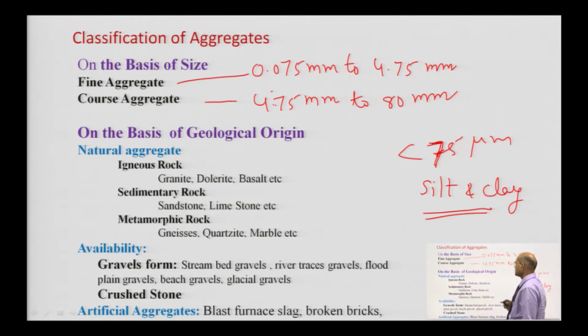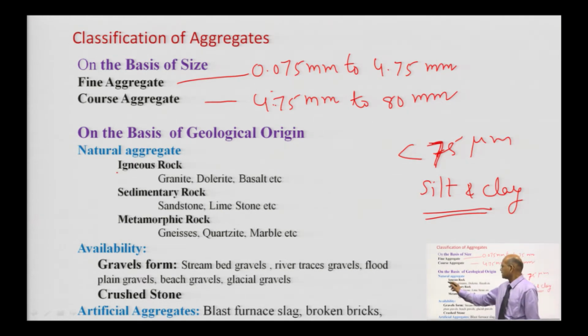Now, on the basis of geological origin we have natural aggregate. Natural aggregate means we can get it from rocks. We have three types of rock: igneous rock, sedimentary rock and metamorphic rock. From where do we get igneous rock?